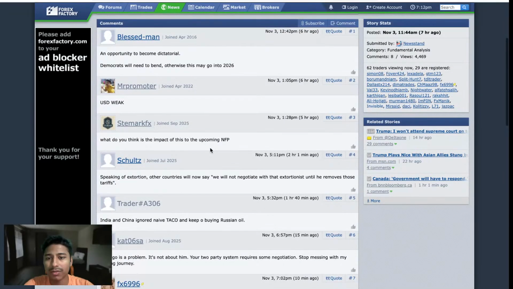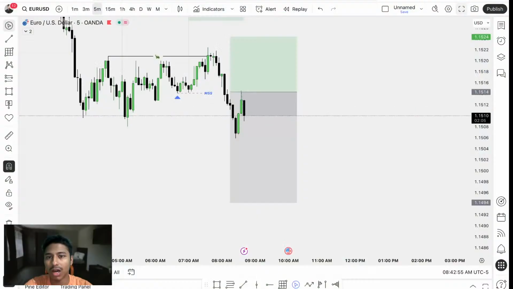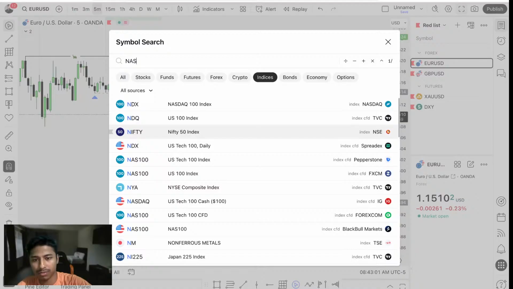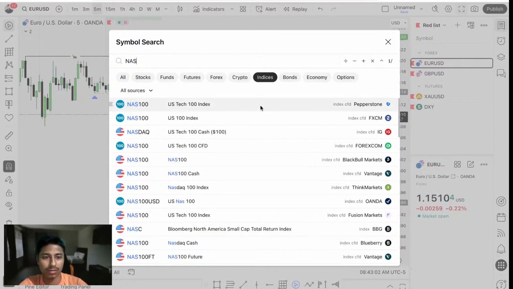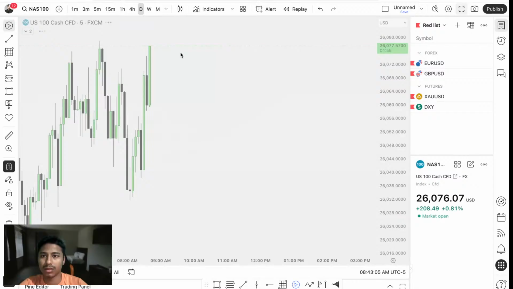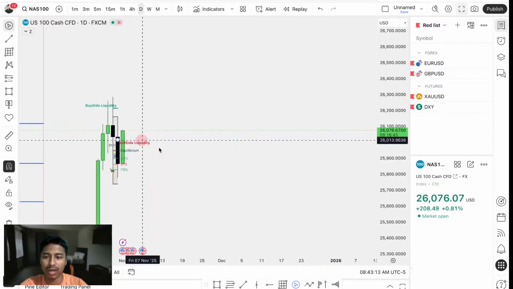What's the effect of the government shutdown on the markets? Does it go lower or higher? Nasdaq is maybe at an all-time high or something. It's going for all-time high once again. I don't know.